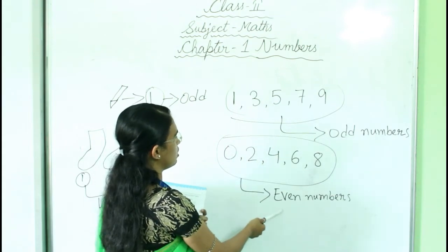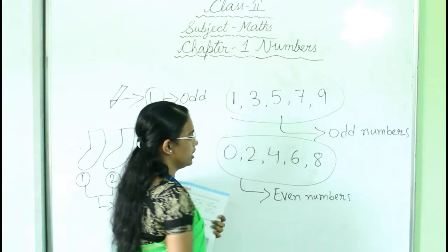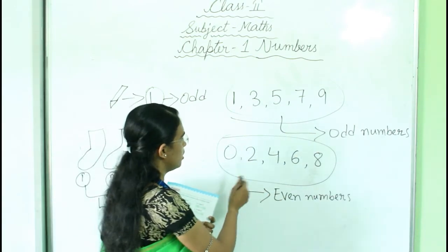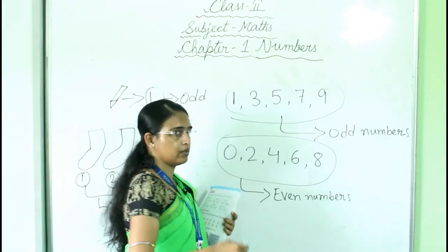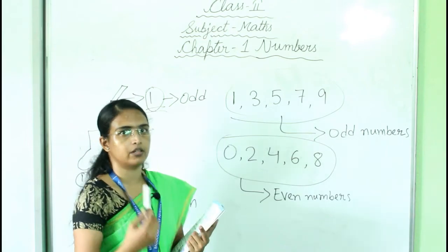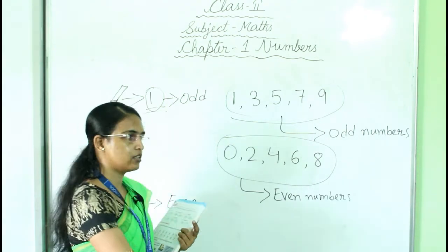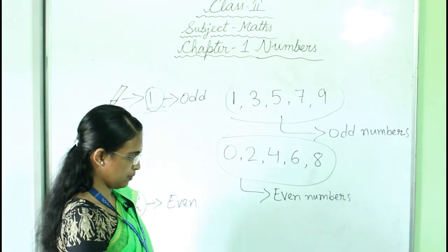Then 2 is an even number, 3 is an odd number, 4 is an even number, 5 is an odd number. In this way it continues, one odd number, next an even number, then another odd number, then another even number. Okay.